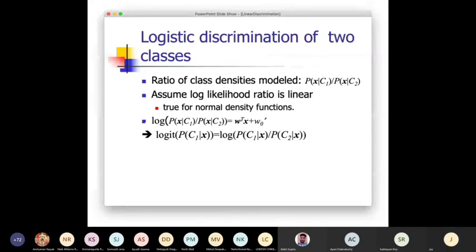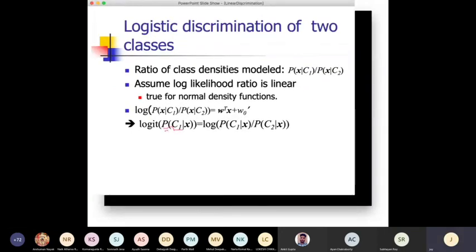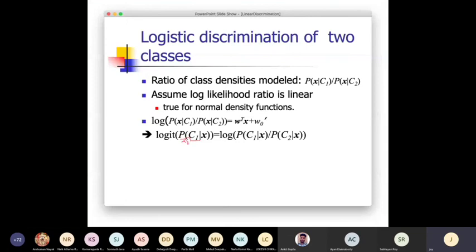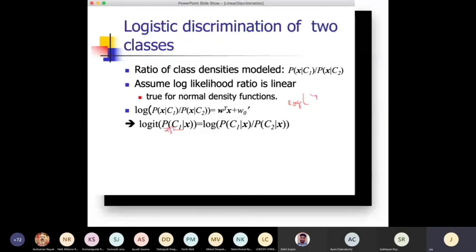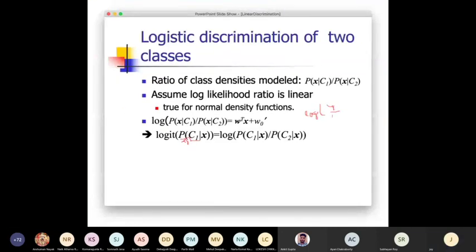Just to give you, if this is y, you know what the logit function is? What is logit of y? It is log of y by 1 minus y. Okay.